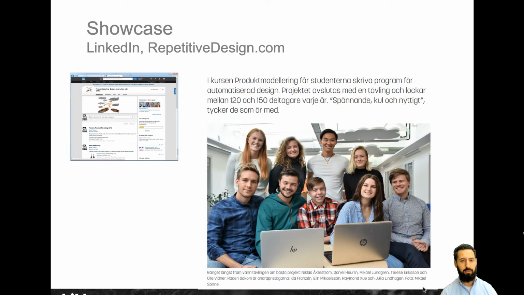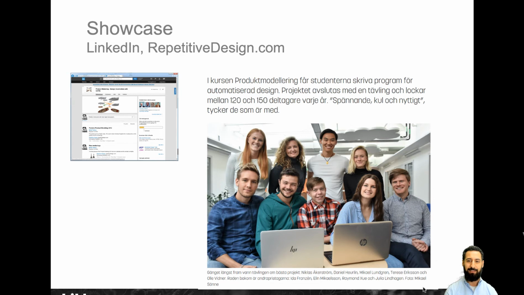Here is an article that Leo Press did on a couple of students who did the best project 2 years back. And actually Olle, who is furthest to... I don't know exactly how the orientation will be now, so it's hard to say if it's left or right.